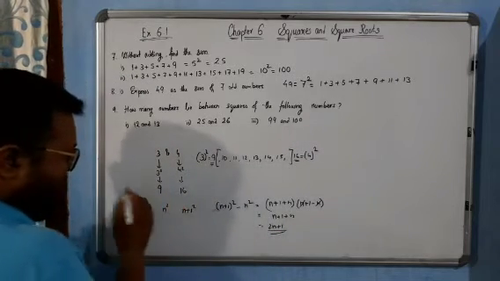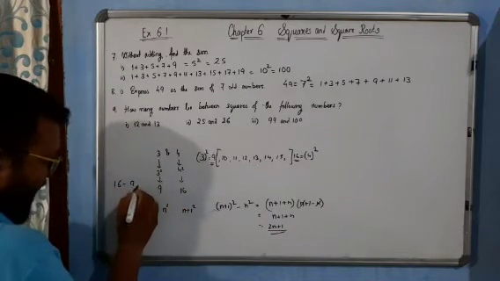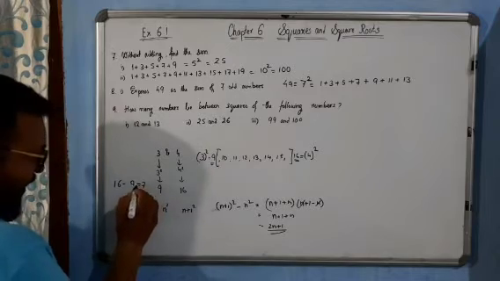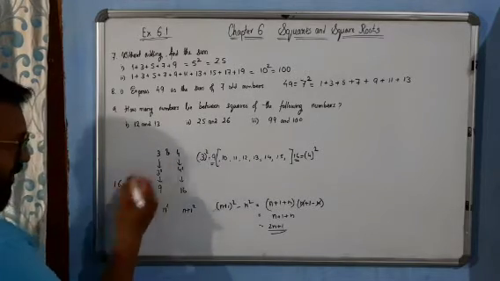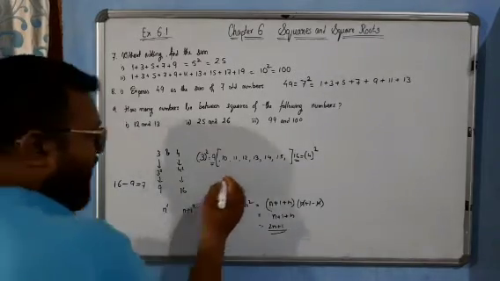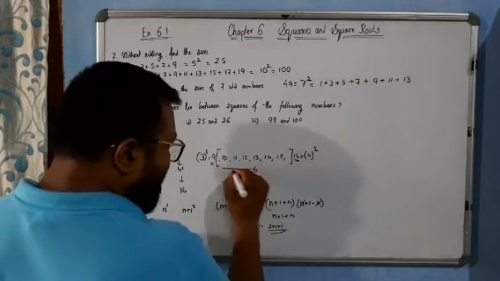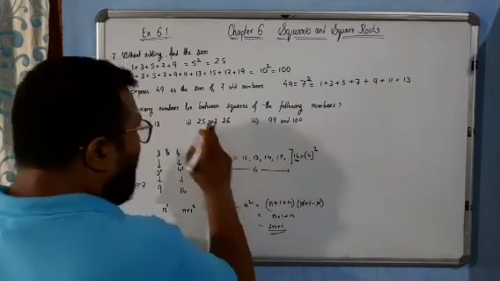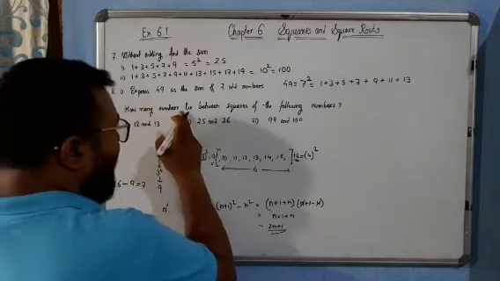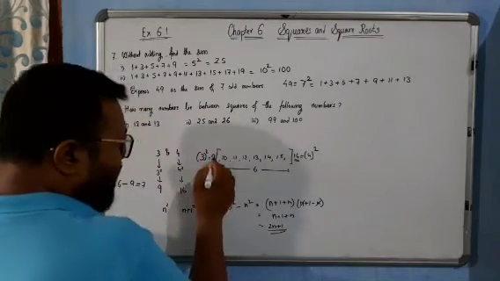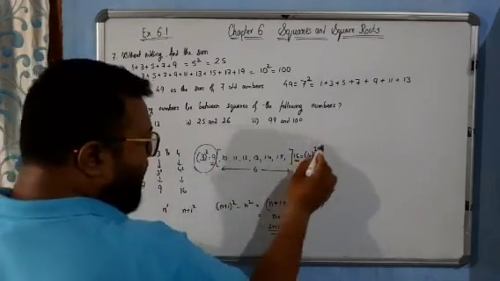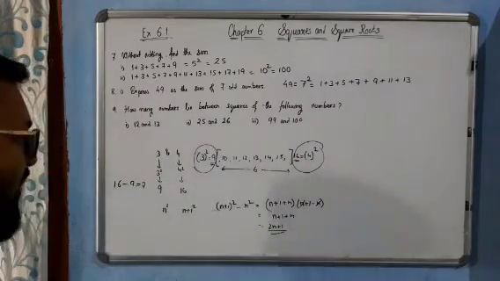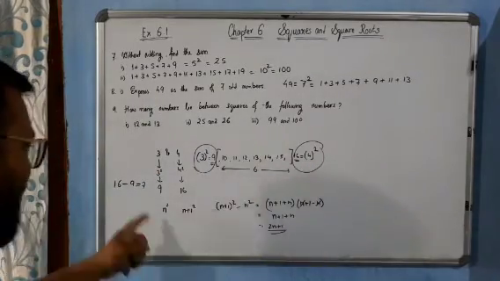As I told you here, 16 minus 9, you are getting 7. So it is the difference between the squares of these two. But the actual is how much? It is 6. Actual means the numbers which lie between 3 square and 4 square, 16, is 6. But the difference is 7.